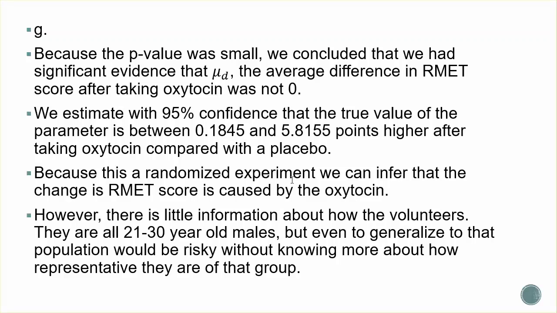Because this is a randomized experiment, we can infer that the change in RMET score is caused by the oxytocin, right? They did a randomized experiment, they took 2 measurements, they flipped a coin as to which one they did first, the placebo or the oxytocin, and so the difference in scores can only be attributed to the presence of the oxytocin in one case and not in the other.